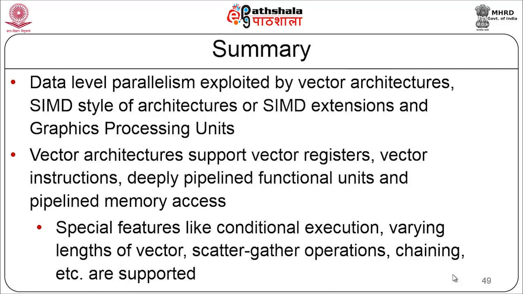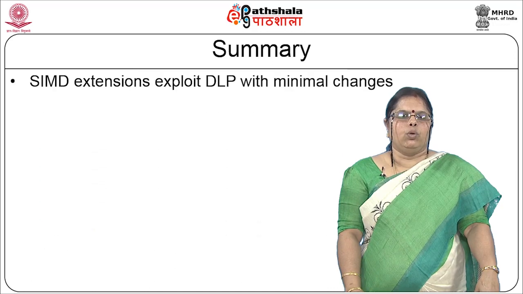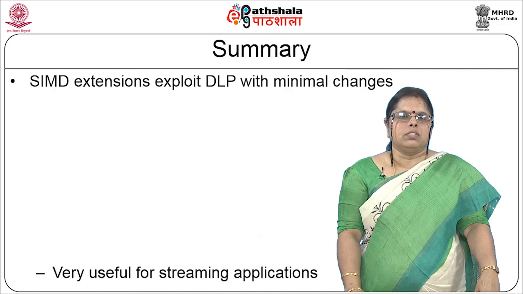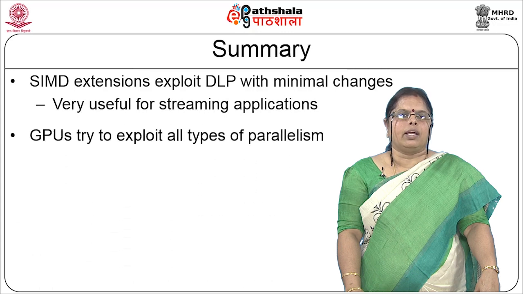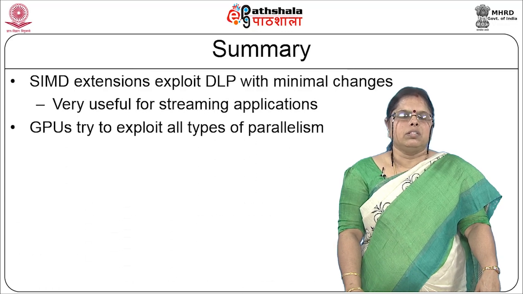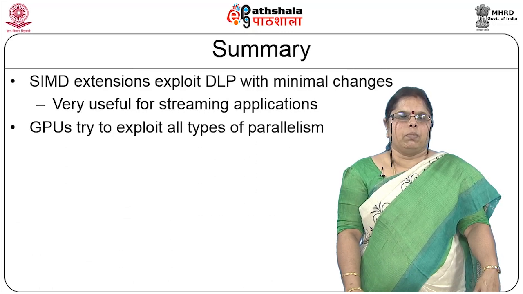Vector architectures support vector registers, vector instructions, deeply pipelined functional units and pipelined memory access. Special features like conditional execution, varying length of vectors, scatter gather operations, chaining etc. are supported in vector architectures. And SIMD extensions basically exploit the data level parallelism with minimal changes, and they are very useful for streaming applications.